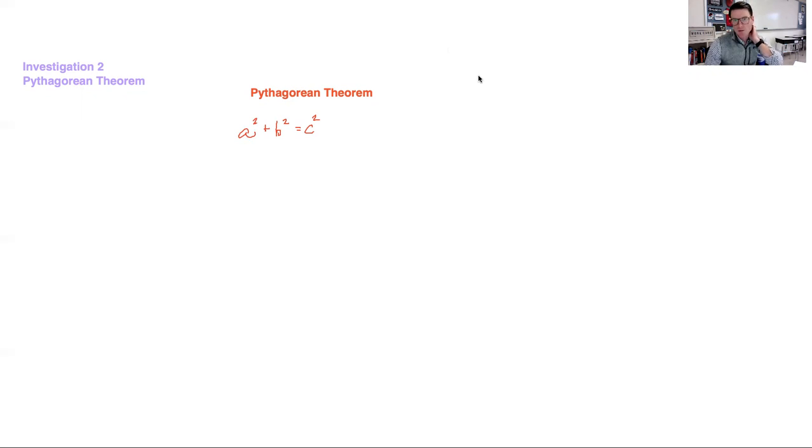is a triangle. If I have a triangle that is a right triangle, then in every right triangle, I have a side that is a leg, another side that is a leg, and a side that is called the hypotenuse.